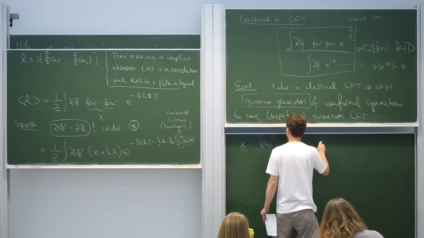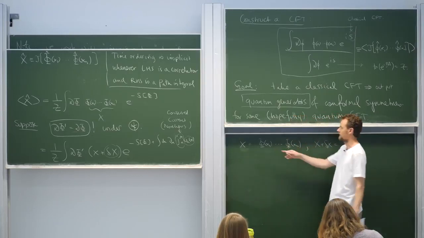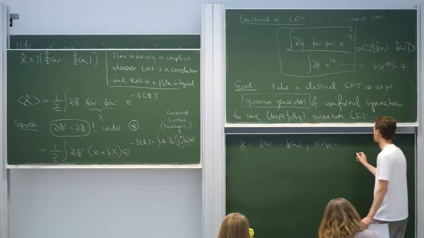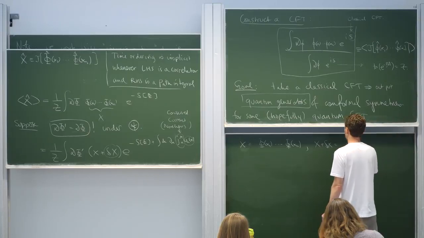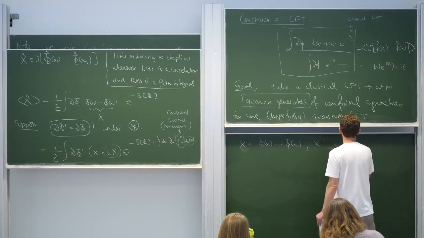X plus delta x is the same thing, but now in terms of the transformed fields. So this is, well, let's just write it as x prime first.